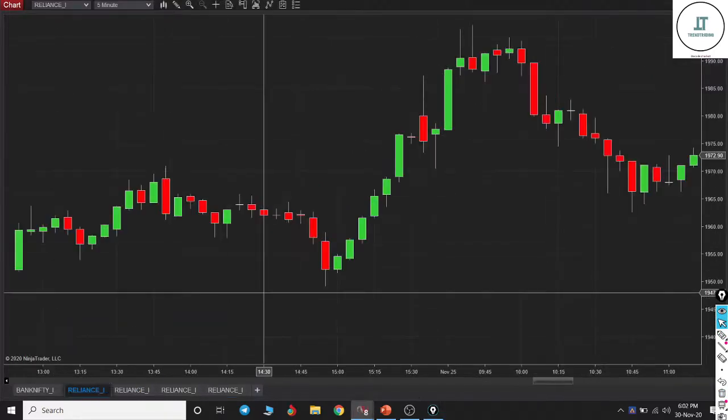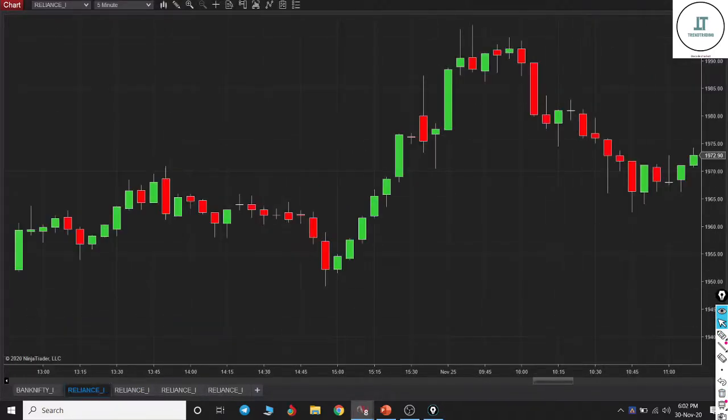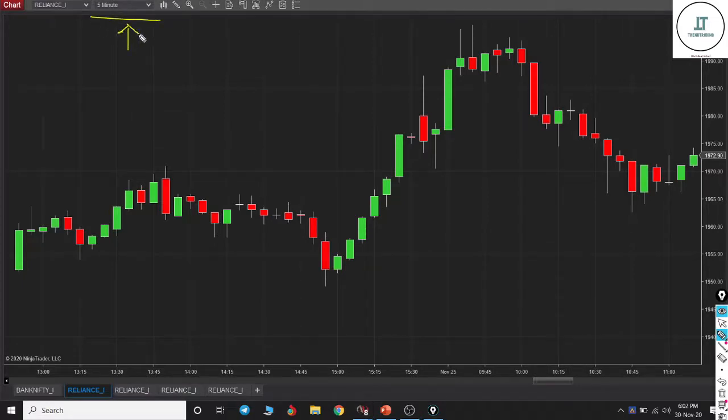Let's look at a smaller time frame, an intraday time frame. Look at this same stock, 5 minutes. If the time frame decreases, we need to look at every single candle for higher high and higher low formation. Look at this.